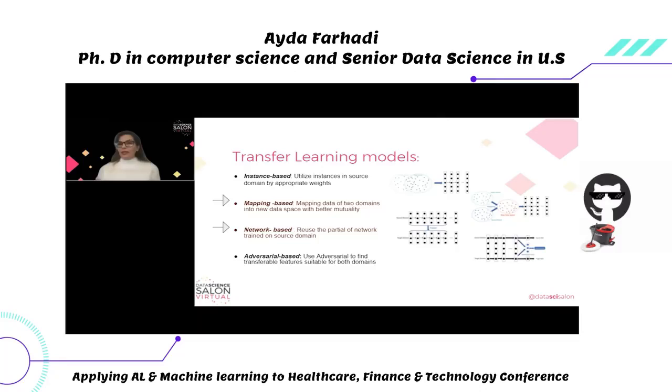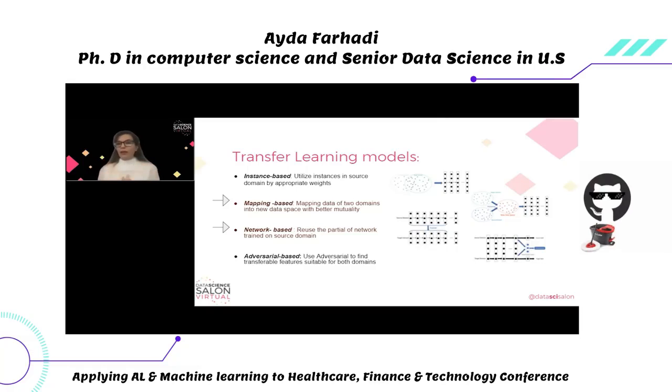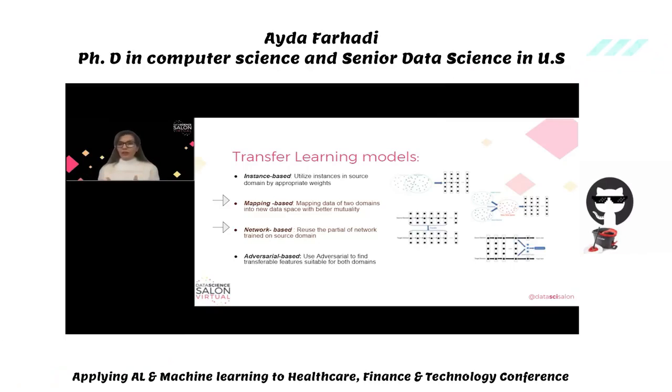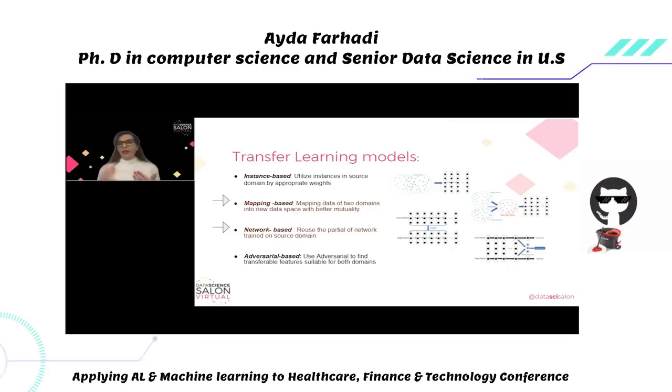One of them is instance-based transfer learning, which I have seen in the healthcare literature review, where there are two methods for instance-based transfer learning. One is hard transfer, the other one is soft transfer. In hard transfer, you transfer the instances, not the features, directly from the source to the target model.